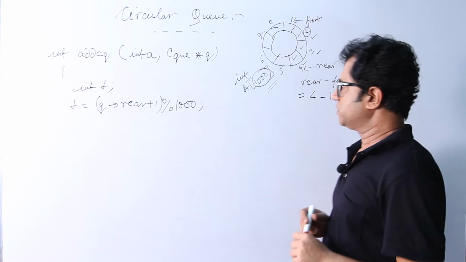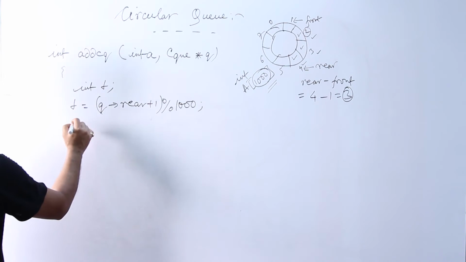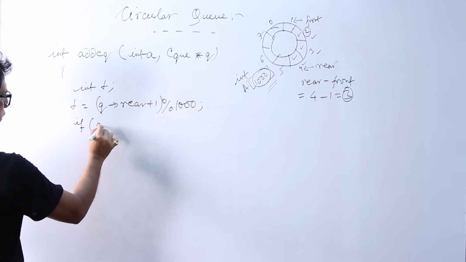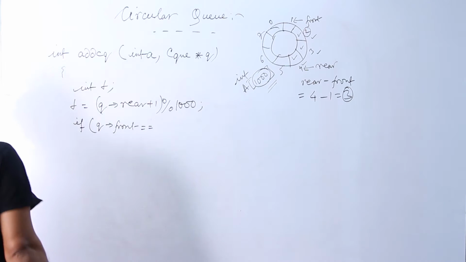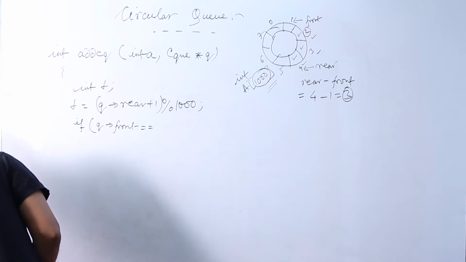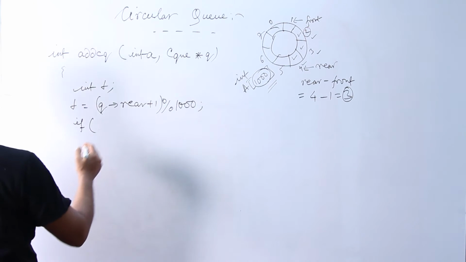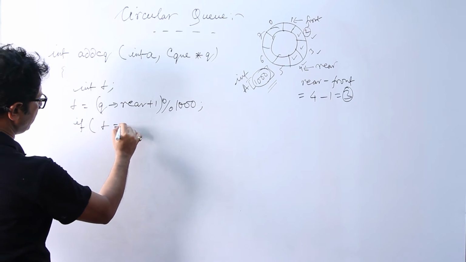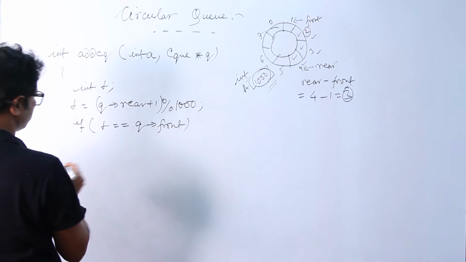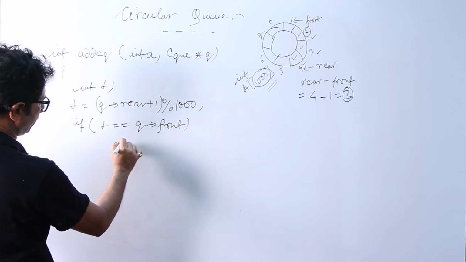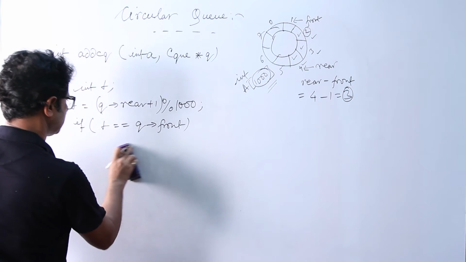So this is the first line of code I have explained to you, and now I will just put a check like this: if t equals q front, then we will write a message in this case.